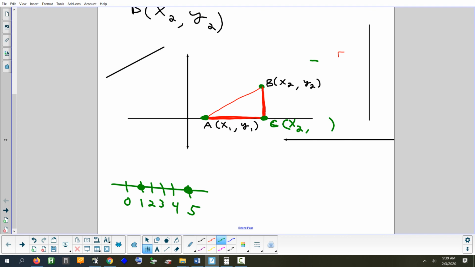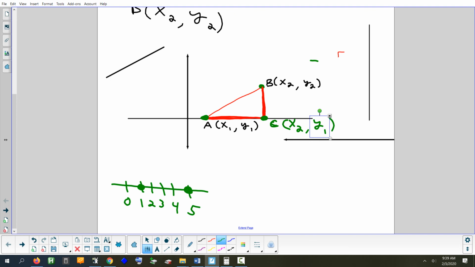Now, what about the y value for C? Look at what other point it lines up with and look horizontally. Point C is the same height as what other point? Point A. So, if you look at points A and C, my question was to find out how far apart they are. You wouldn't want to look at the y values because they're the same.